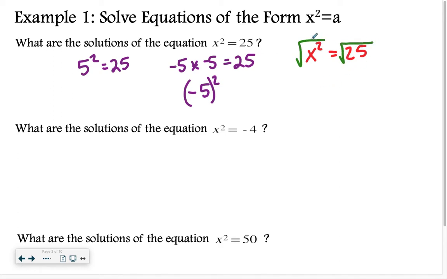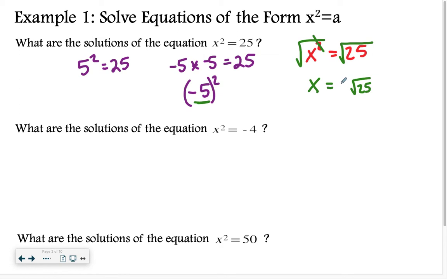So when I do the square root, on the left side, the square and the square root cancel, and I'm left with x equals. And then on the right-hand side, I have the square root of 25, but that would only give me the number 5 when there are really two answers. So we put something in front of the square root that some of you have maybe seen before.